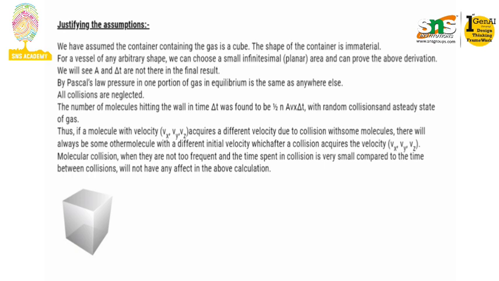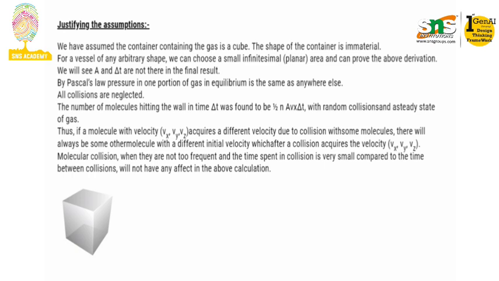So when we consider the kinetic interpretation of temperature, the average kinetic energy of the molecule is directly proportional to the absolute temperature of the gas, and it is independent of pressure, volume and nature of the ideal gas.